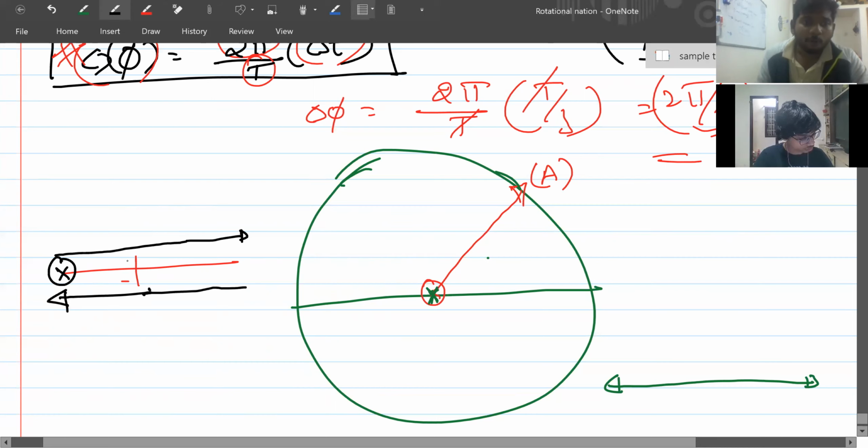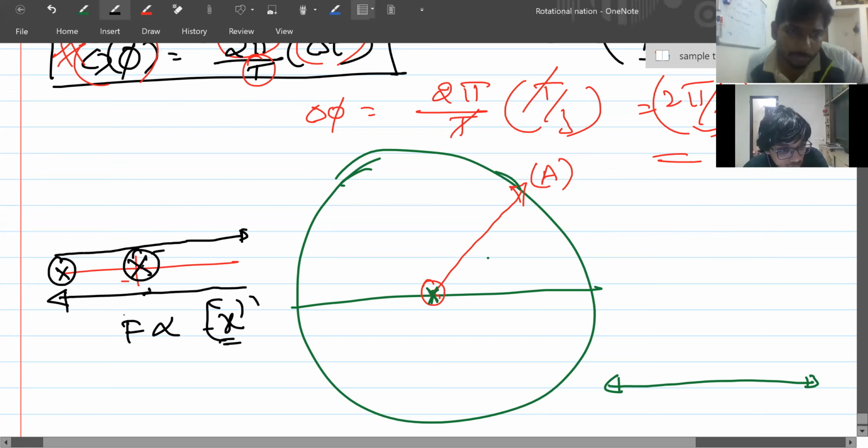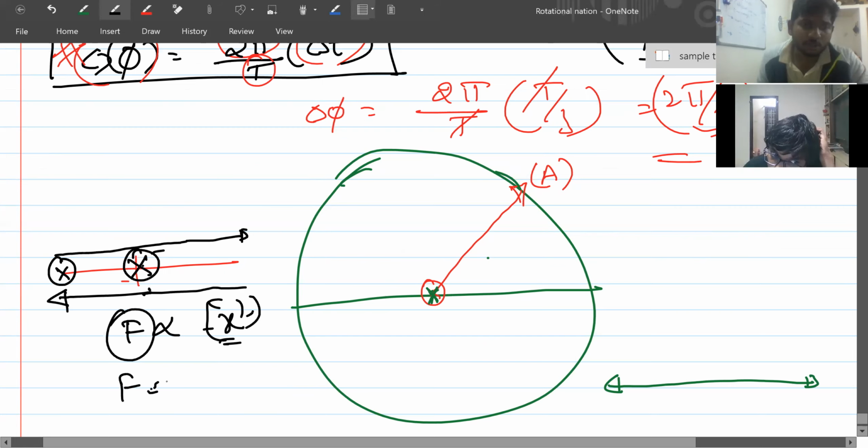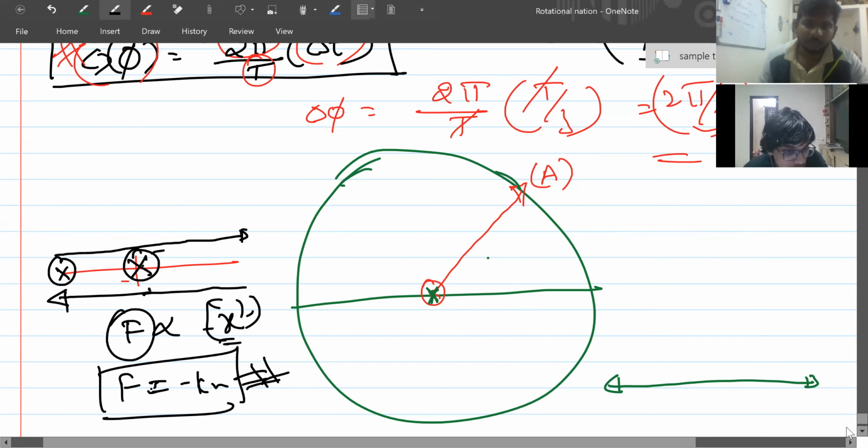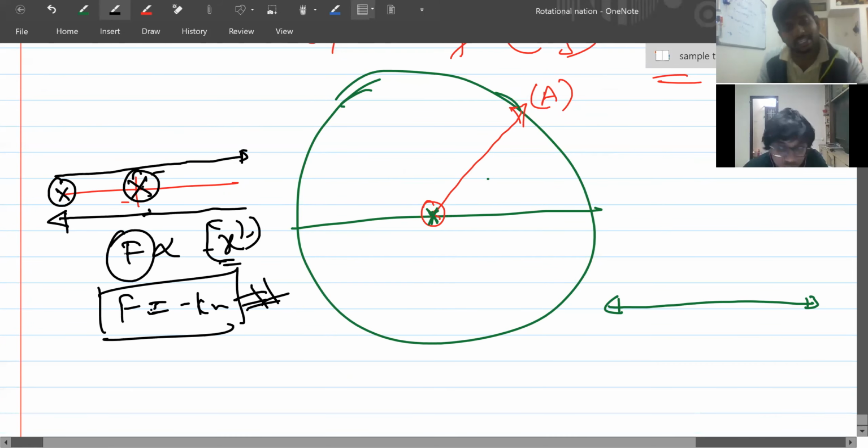Over a fixed point, it will oscillate, from mean position to extreme and extreme position to mean, and the restoring force is directly proportional to the displacement of the particle from the mean position. Suppose the displacement is high, the force will be high. The displacement is low, force will be low. So it will follow this equation, F is equal to minus kx, which is called simple harmonic motion.